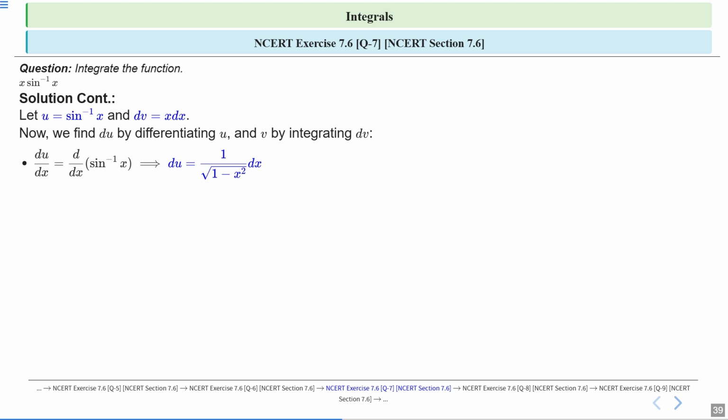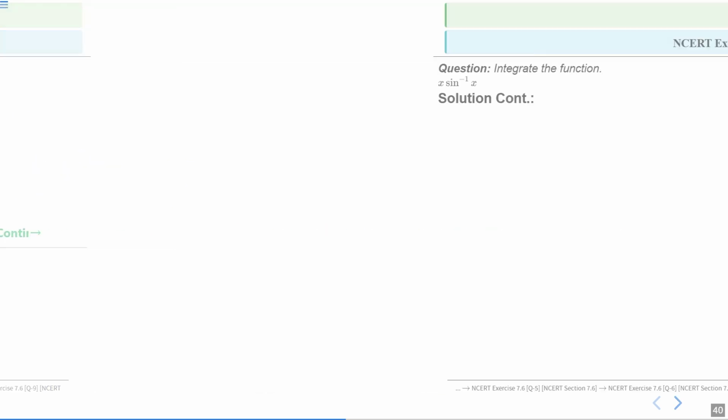This is a formula, the differentiation of sine inverse x is 1 by root under 1 minus x square. We already did this in the chapter of differentiation. When we integrate dv, that is integration of x dx, v is equal to x square by 2.